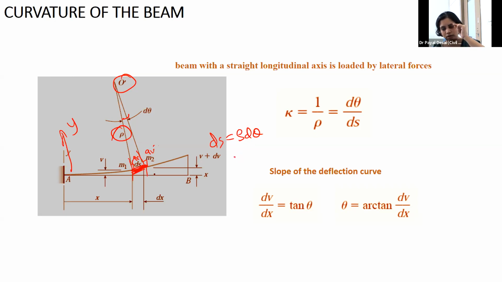Because it's a small deflection, I can assume ds is approximately dx, the horizontal length. I may write dx as the same as ds, and I can define the curvature, that is 1 by rho, from this equation: 1 by rho is d theta by dx. And this is how the curvature is defined.